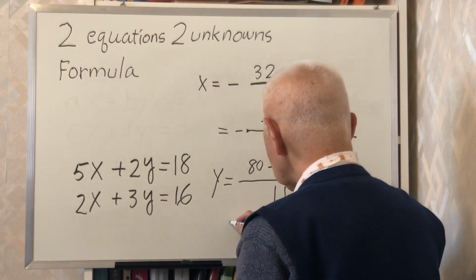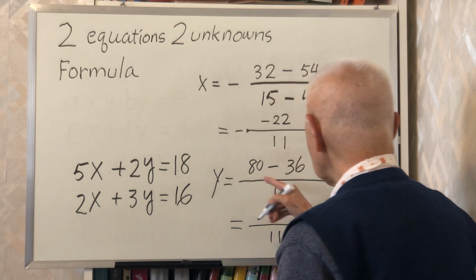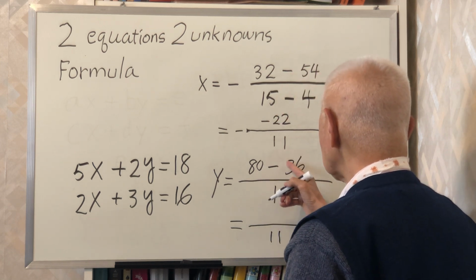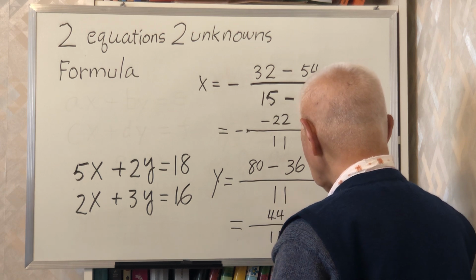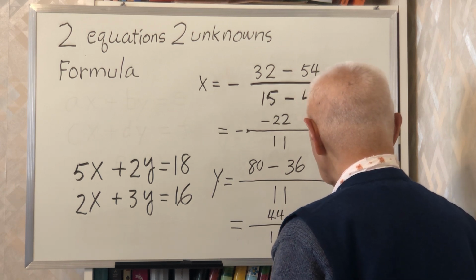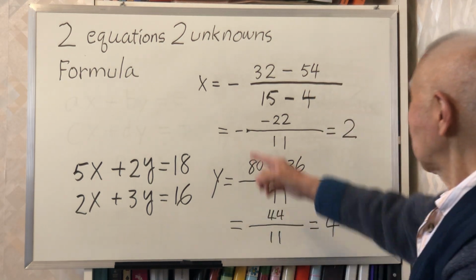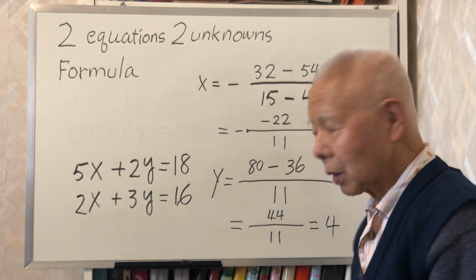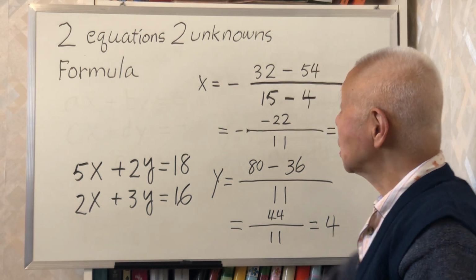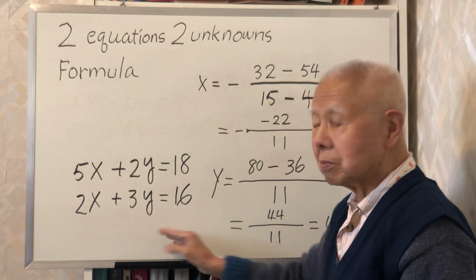And this is 11 at the bottom, and this is just 44. So this is 4. So you have the answer now. x is 2, y is 4. That is how you do two equations, two unknowns, using a formula.